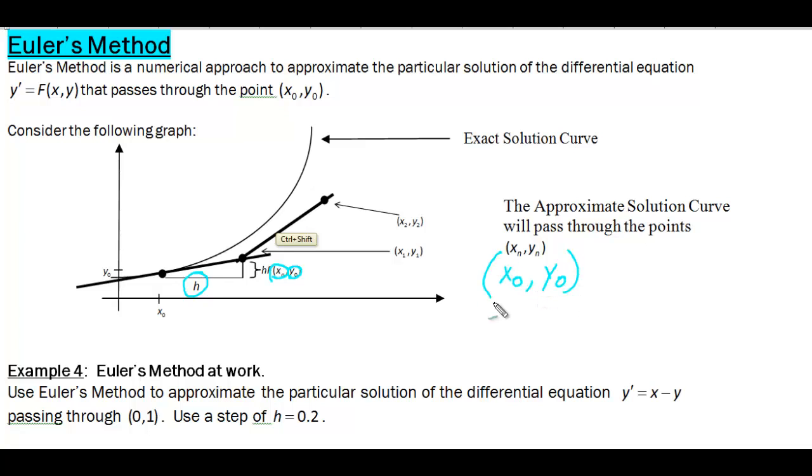So it comes down to setting our original values, x0, y0. Those are our starting values, our start point. And then we have h, which is our increment.